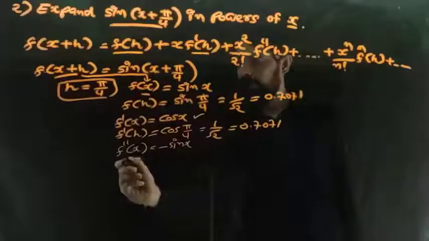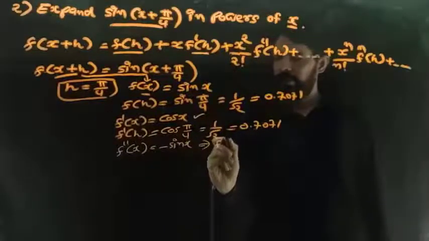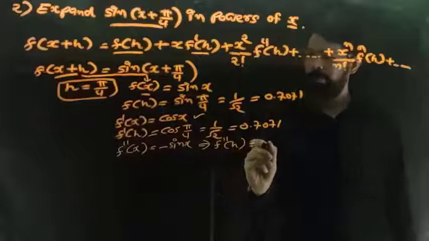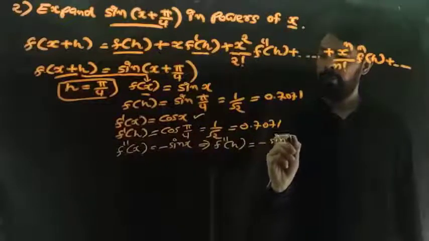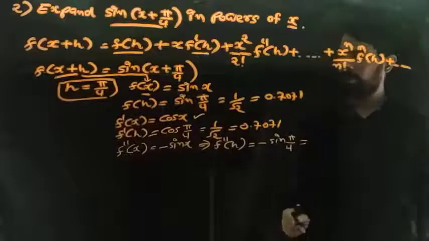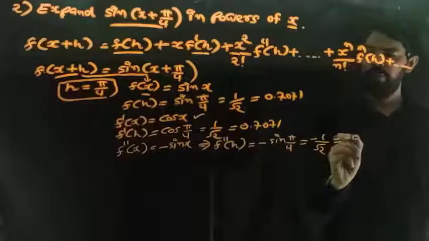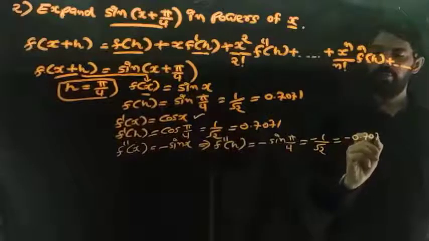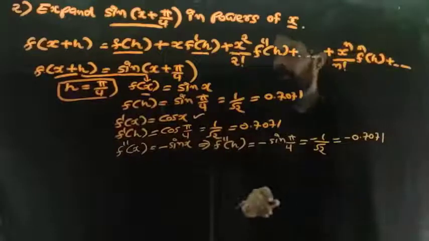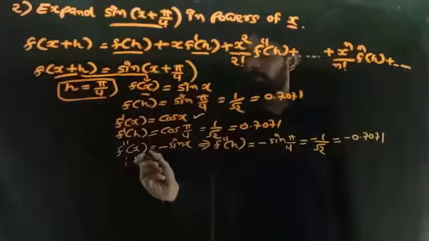So f double dash h will be minus sin pi by 4, that means minus 1 by root 2, which is minus 0.7071, and so on.